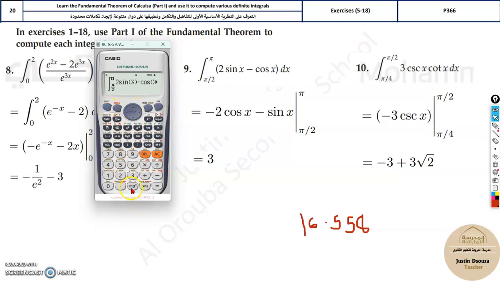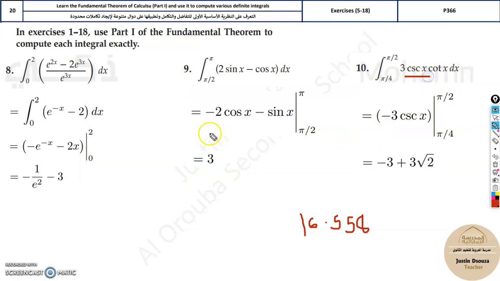Now just be careful with one thing. If I press equal to now, I'll not get the correct answer. I need to make it in radian mode, that is shift, mode and 4. Only now I'll get the correct answer, that is 3. So please make sure for any trigonometric function you have to have radian mode on.